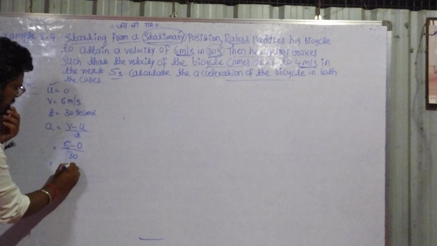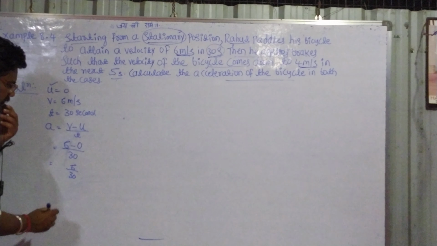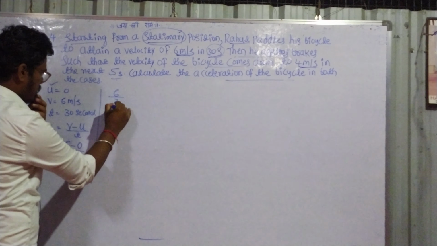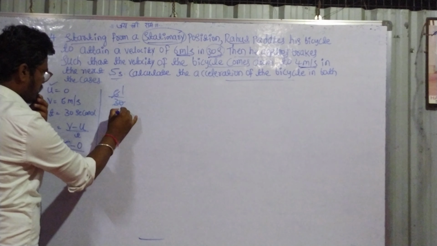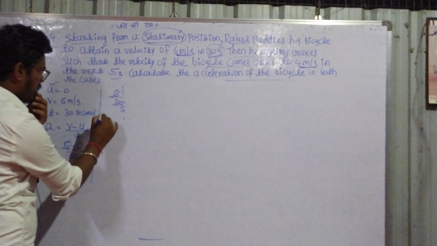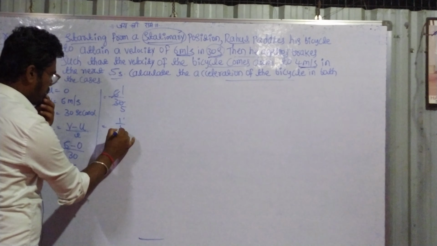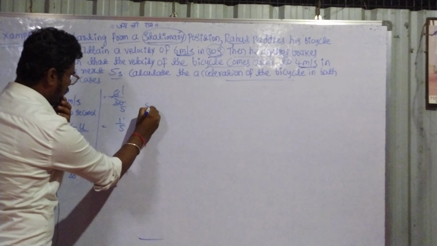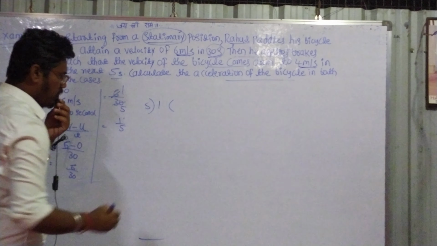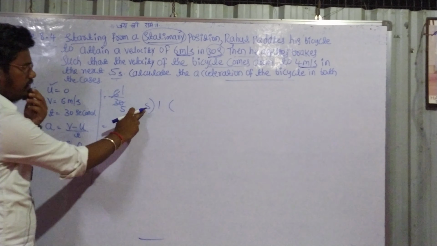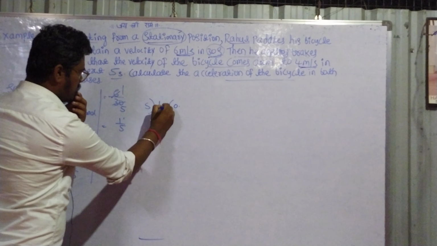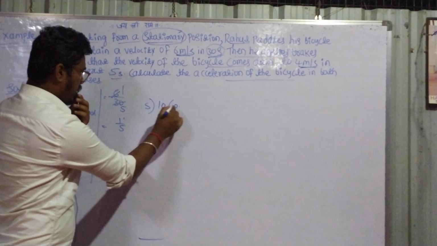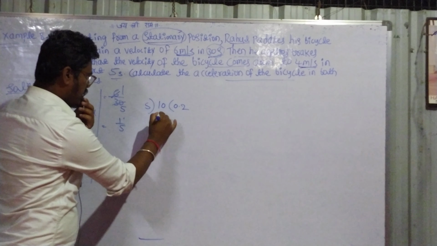So 6 by 30 remains. 6 fives are 30, so the remaining value is 1 by 5. 1 is not divisible by 5, so you take a 0 and place a decimal point, 10. 5 twos are 10.